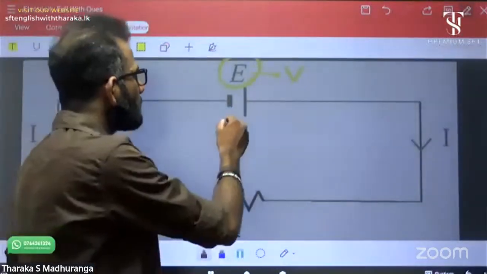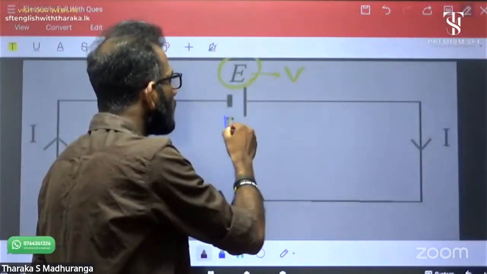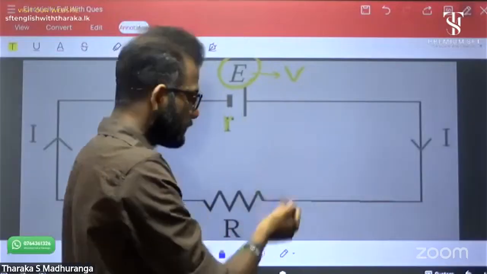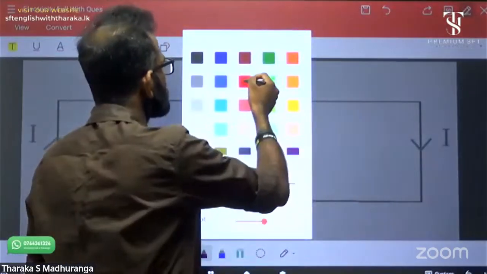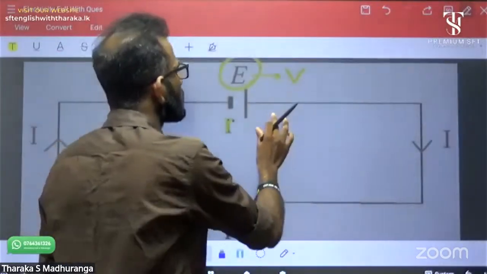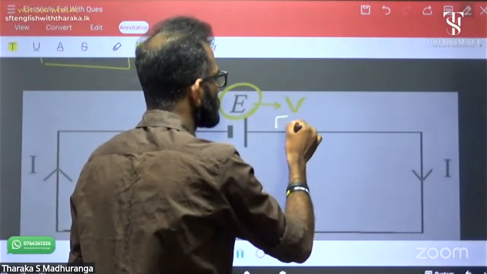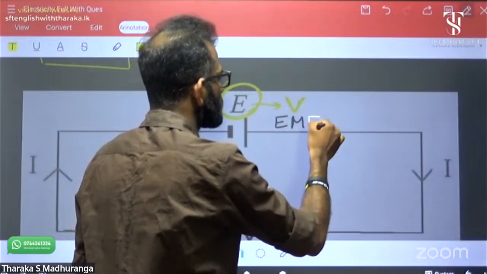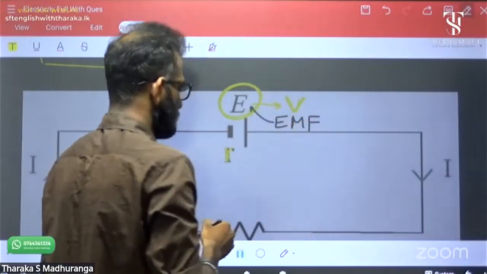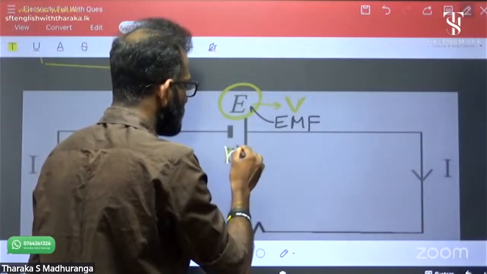Okay, this small r, what is a small r? It's the internal resistance. Please name these terms first. This is the electromotive force, capital E. Small r, what is the name?